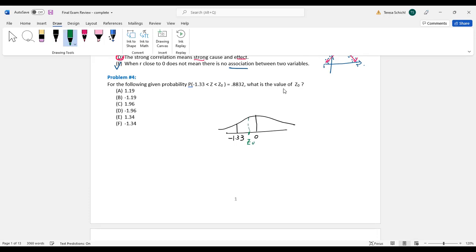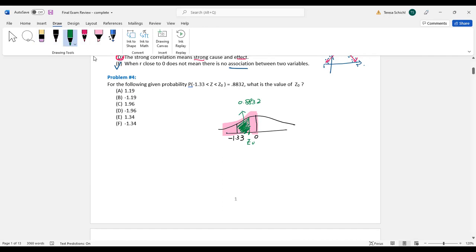Okay, is it possible that Z0 is less than 0? In here they say from negative 1.33 to Z0, so let me say this area is equal to 0.8832. Is it possible? No, because we know the half here is 0.5, and you cannot have this small piece be 0.8832.